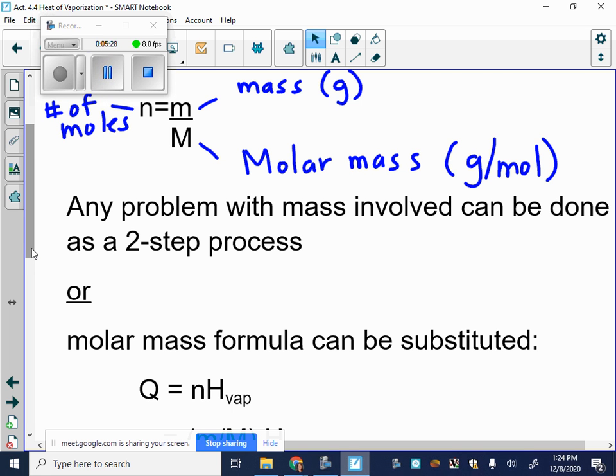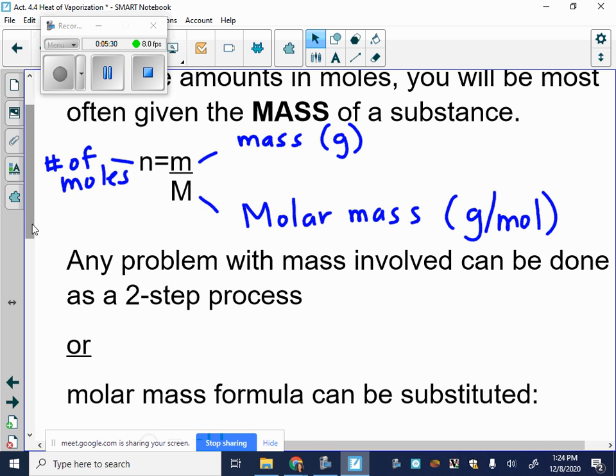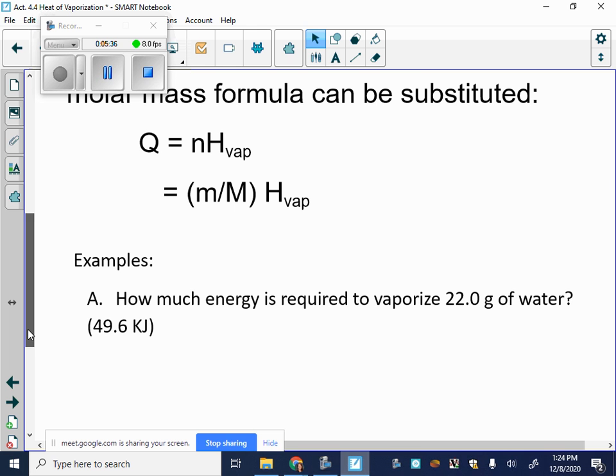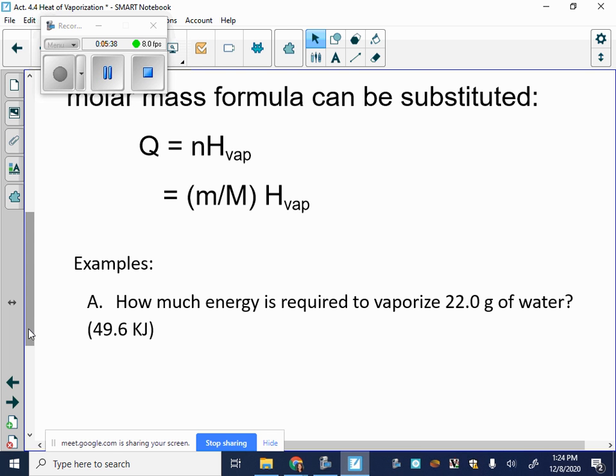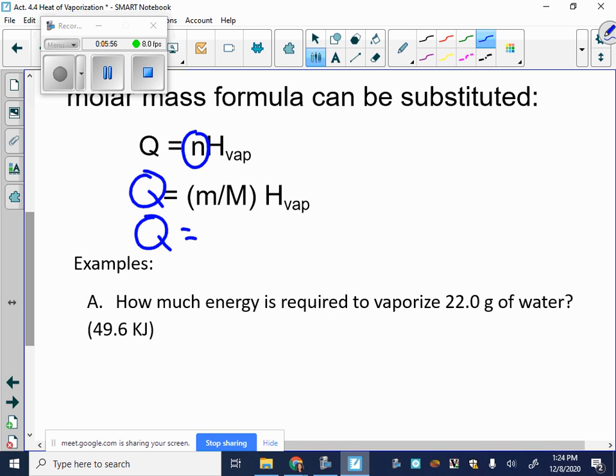Does everybody have that down before I scroll down? Are we good? All right. Gavi says we're good, so I'm moving on. Okay, so we're going to substitute. Instead of saying Q is equal to n times HVAP, we're going to say Q is equal to mass divided by molar mass times HVAP. I don't like the way this looks. Let's just write it again.